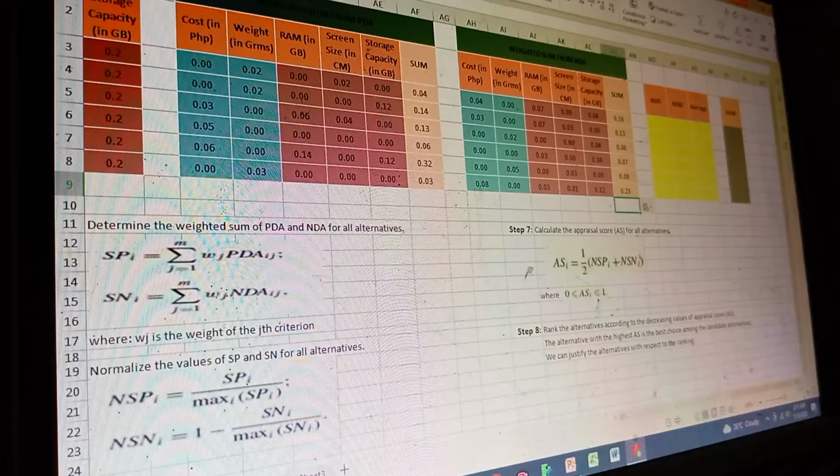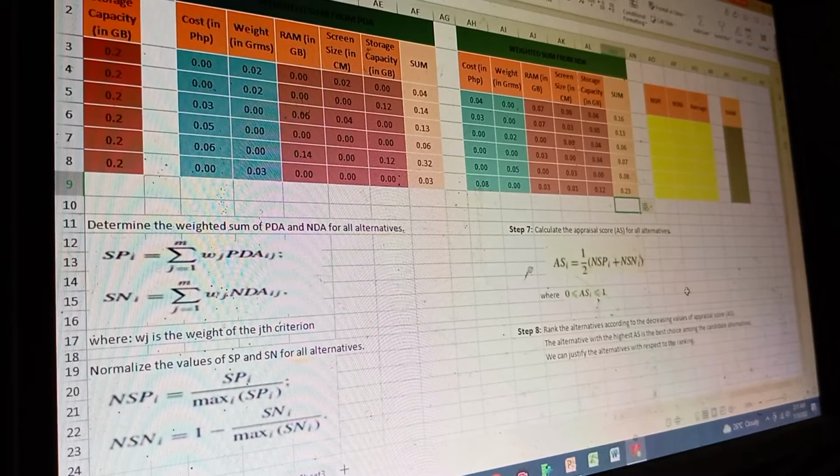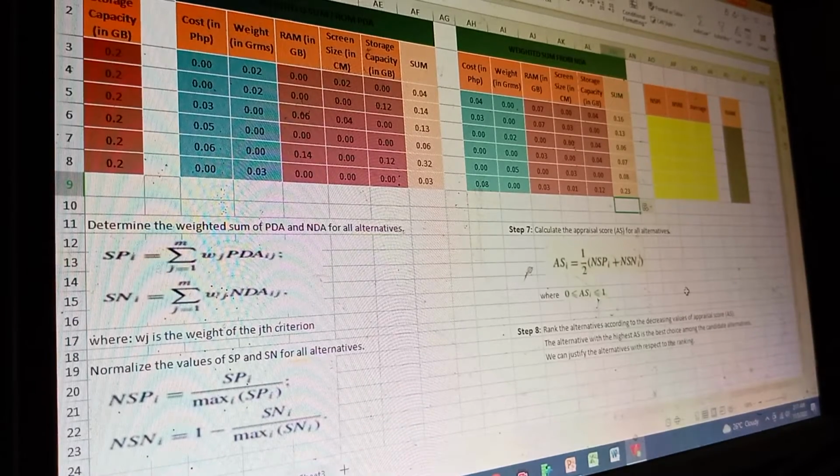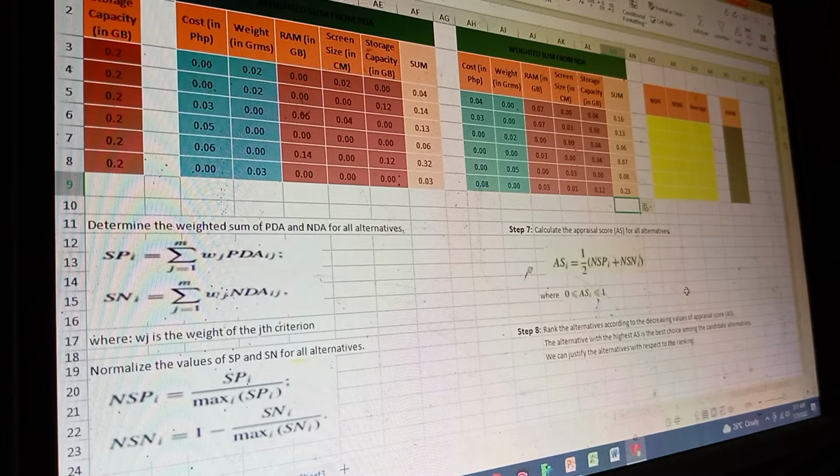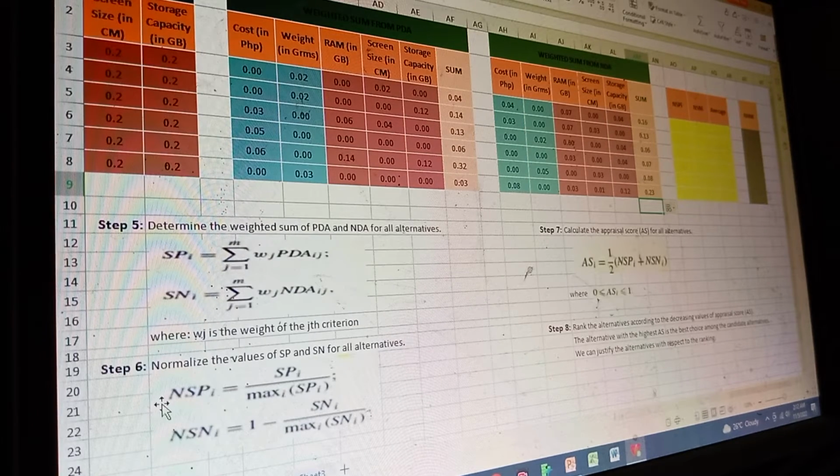Then we have to calculate, no, we are on step 6: normalize the values of SP and SN for all our alternatives.